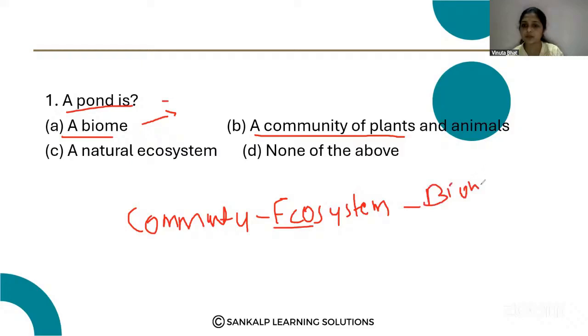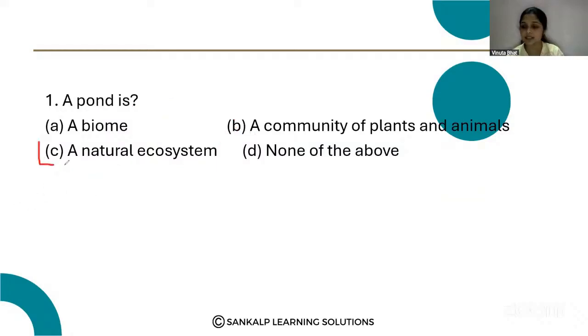So it is not a community. Pond is not a community. Pond is a natural ecosystem that contains mainly biotic and abiotic factors. So for question number 1, option C is the correct answer, a natural ecosystem.